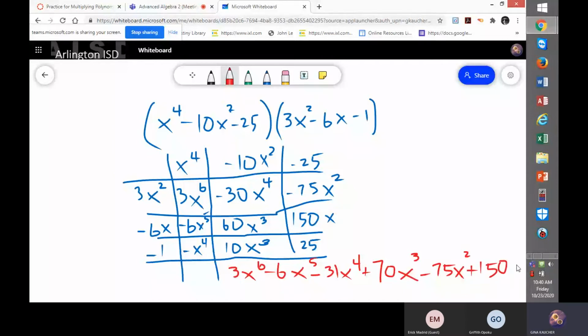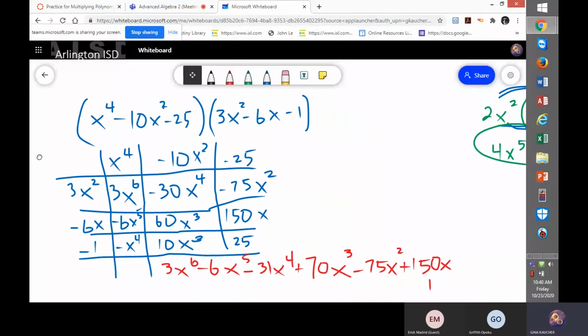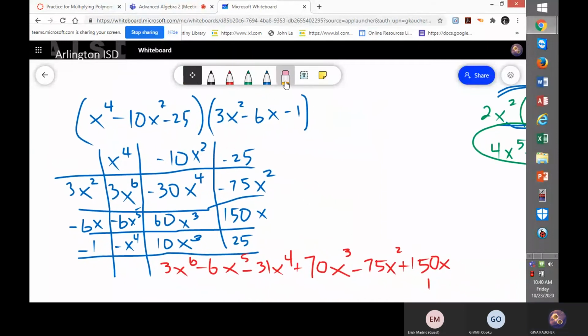See how many terms there are here on this problem? And then you have plus 25. I guess I can move this over if we wanted it to be there beside that. And we'll put it beside the 150x. Okay, so that's one method of organizing it.